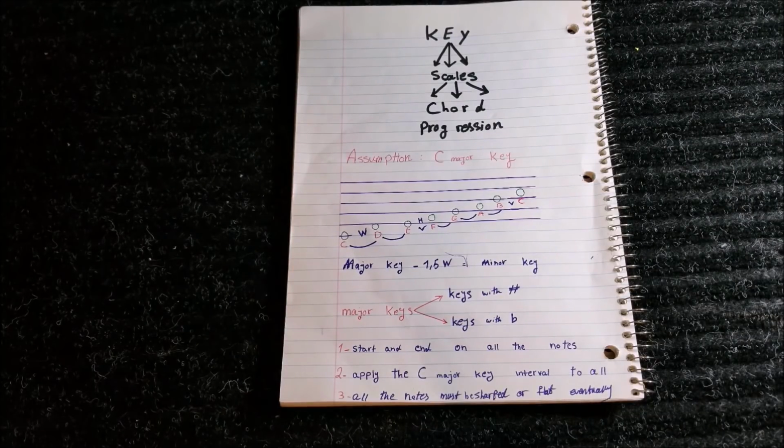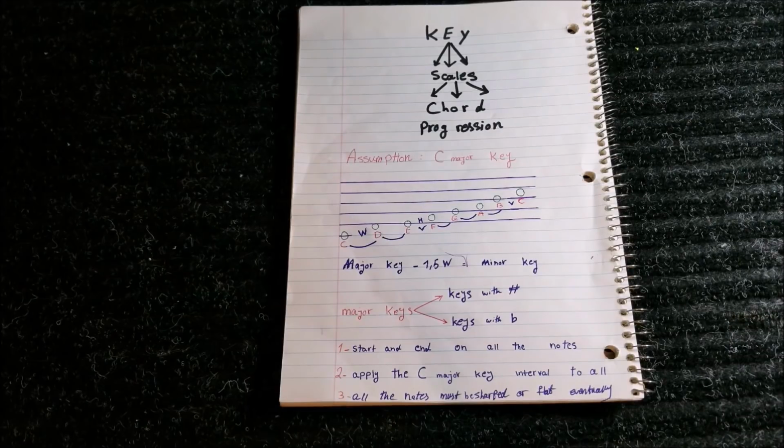In mathematics, when you want to prove something, you have an assumption, and based on that, you prove what you want. So our assumption is that we know there is a key called C major. The reason we've chosen that key is because there are no sharps in it.